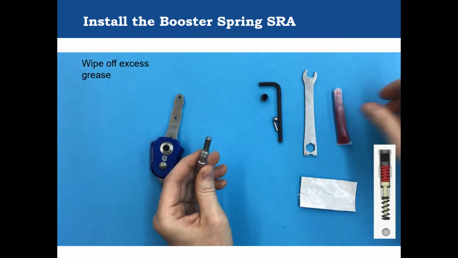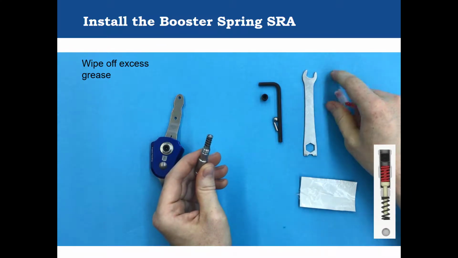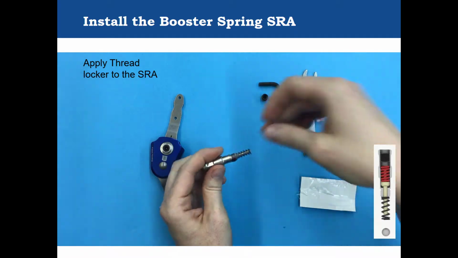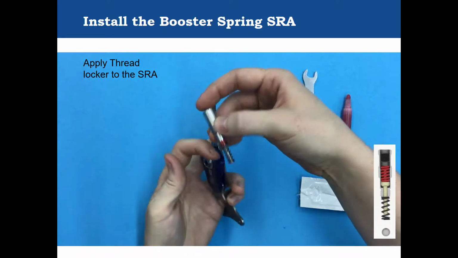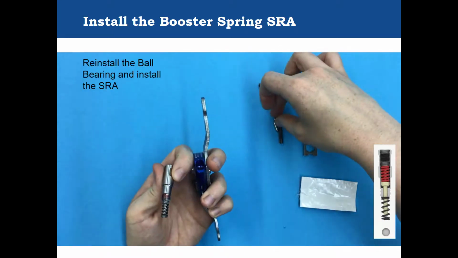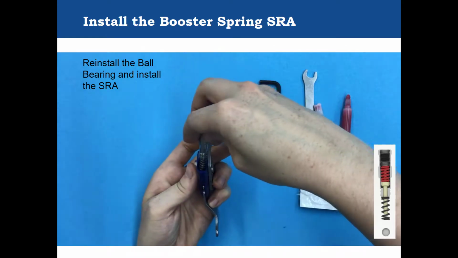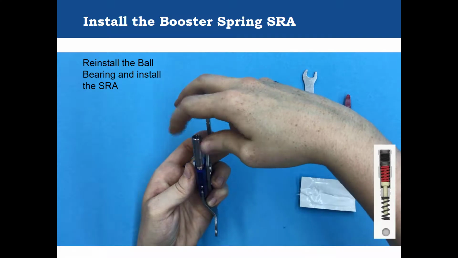Wipe the excess grease from the outside of the spring. Apply a small drop of thread locker to the thread on the SRA. Insert the ball bearing and booster spring in the spring channel and gently tighten using the combination wrench.